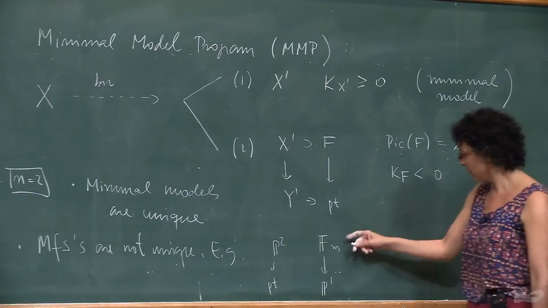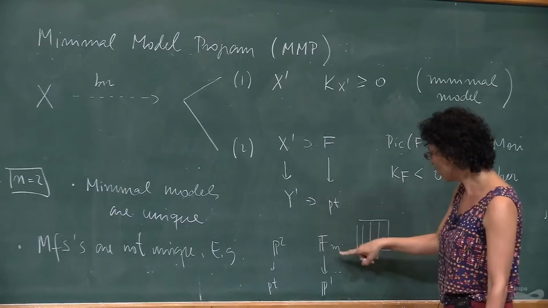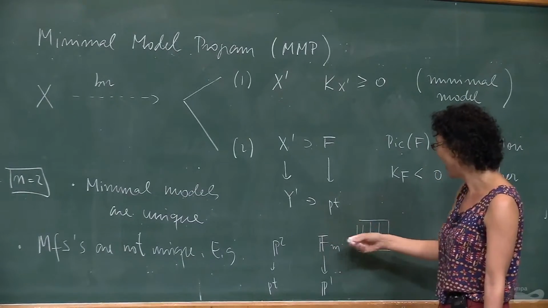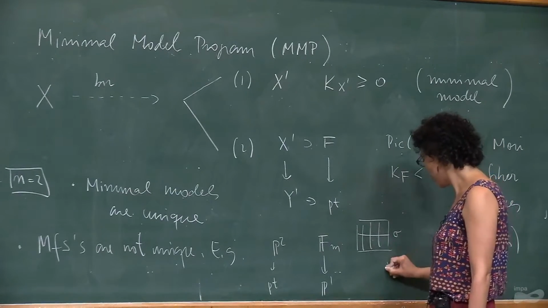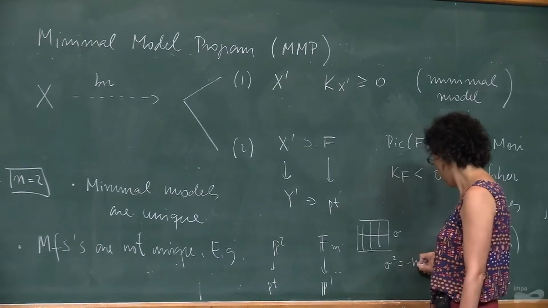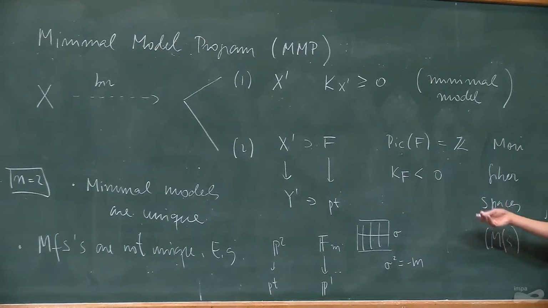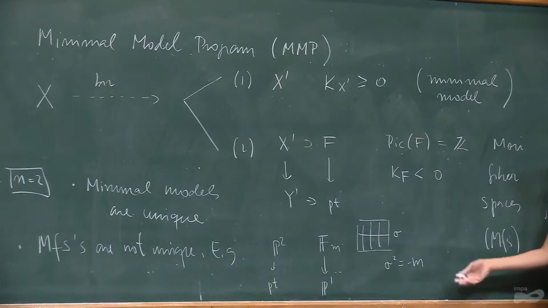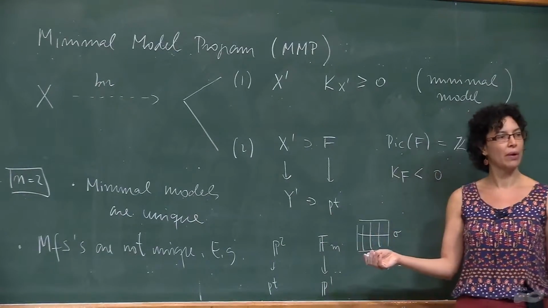So these are P^1 bundles over P^1. And what distinguishes one F_m from another F_n is that in this fiber bundle, you have a section with self-intersection minus m. So these are all rational surfaces. These are all different Mori fiber spaces that live in the same birational class.